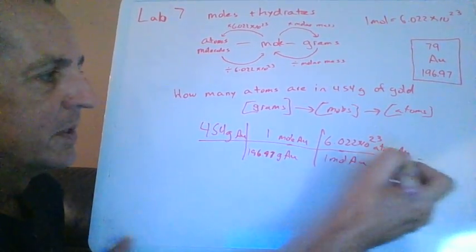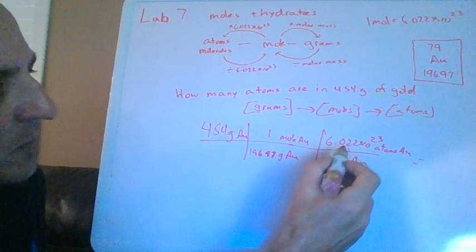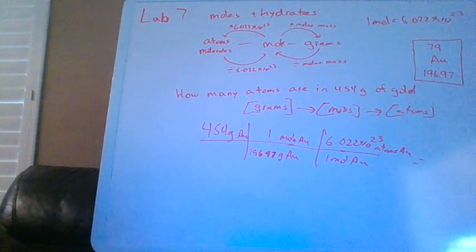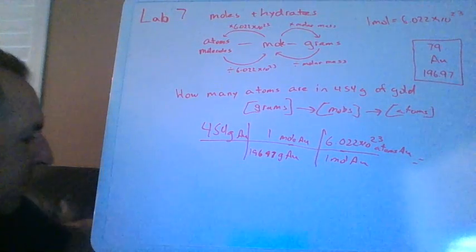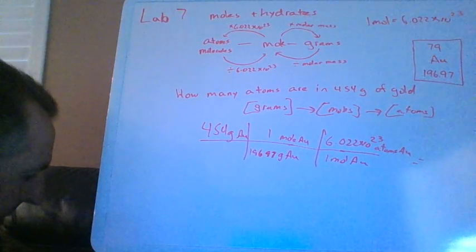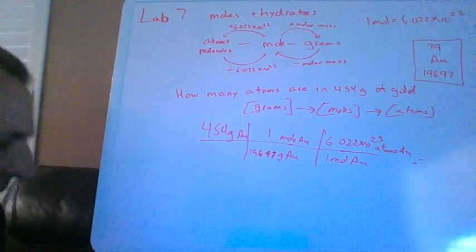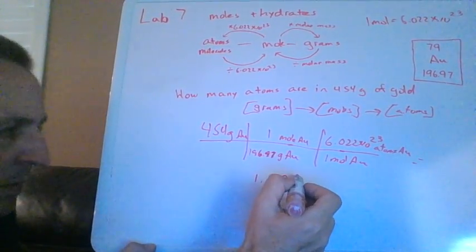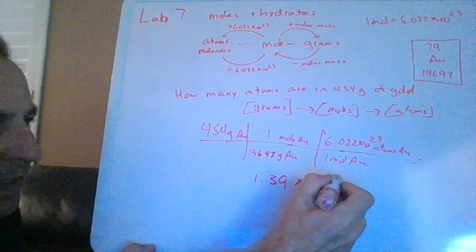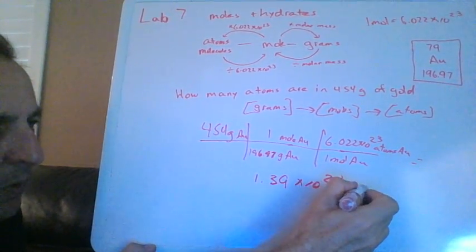So we're going to multiply 454 by 6.022 times 10 to the 23rd and divide by 196.97. And when you do that, you should come up with 1.39 times 10 to the 24th gold atoms.